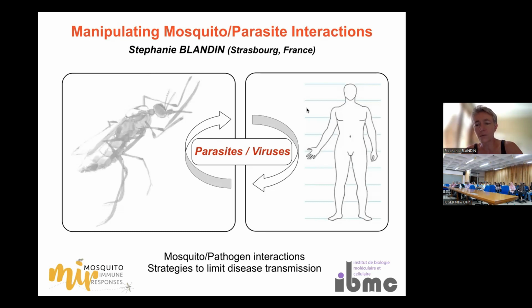From this information, we try to design novel strategies that could be directed to limit disease transmission by these vectors. Today, I will talk about these two themes, and this is all around one protein called saglin.